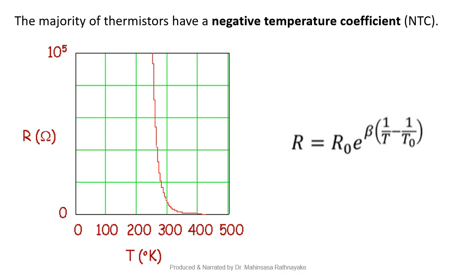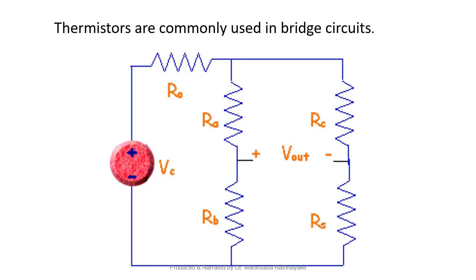However, we can use this relationship as shown in the equation, for a certain range, to measure the temperature. As discussed previously, similar to the Wheatstone bridge circuit, thermistors also can be used in bridge circuits to find the unknown resistance with respect to the unknown temperature.